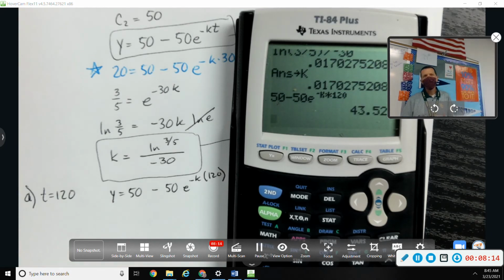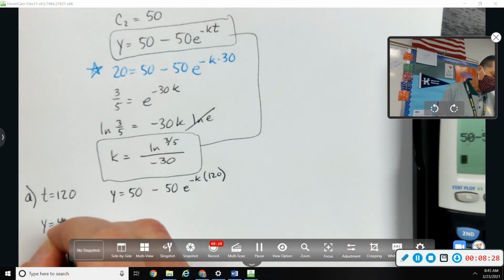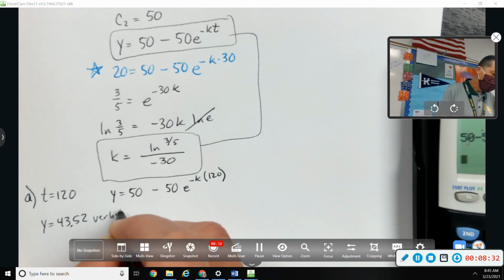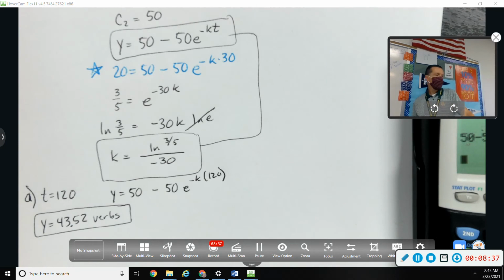We had this discussion yesterday, you can't really memorize half a word. But for the AP test, you can just put 43.52. It's fine. Everybody knows that you can't memorize half a word, but it's okay if that's your answer. So we've got 43.52 verbs memorized. Read the questions carefully, because on a problem like that, it might say to the nearest verb, to the nearest whole number. That way you avoid that problem.